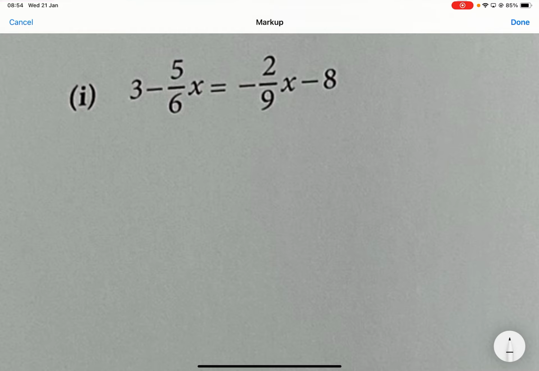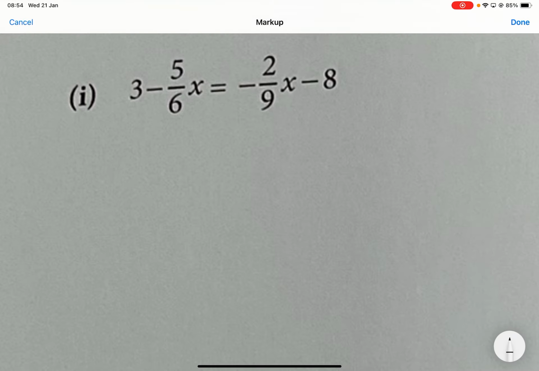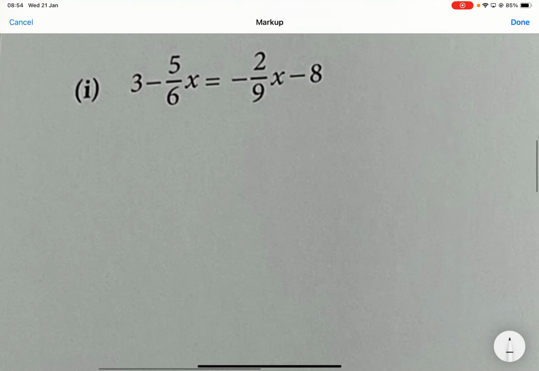Okay. Part I. It looks a bit more complicated, but with what you understand, with what you know, you can solve one. So I know my final point is x equals to something. I want all my x terms to be on the left. I want all the numbers term to be on the right.